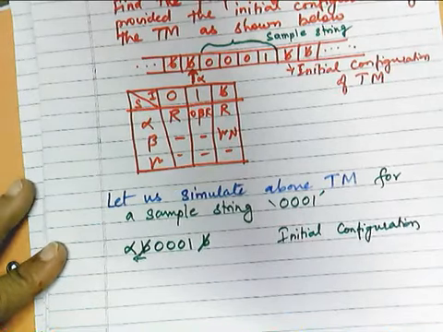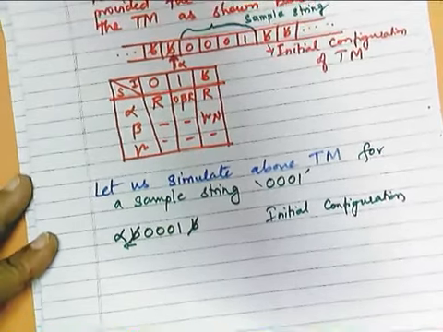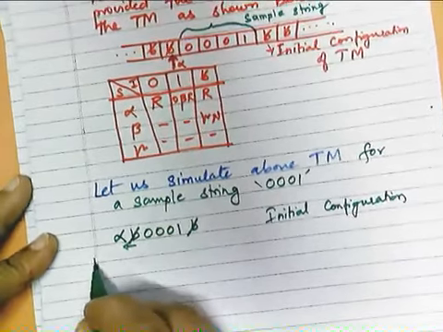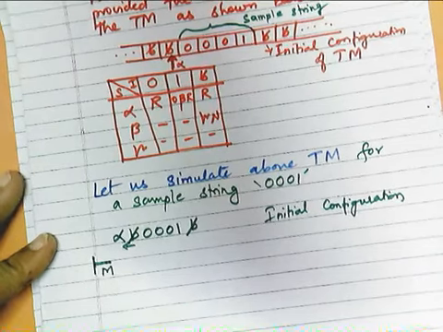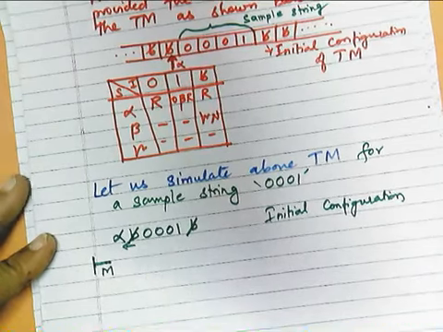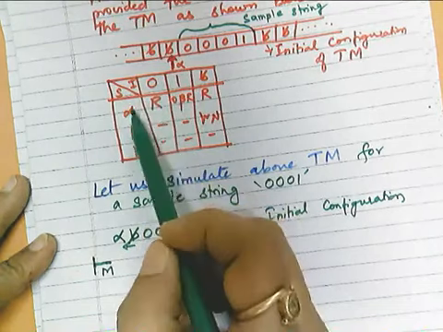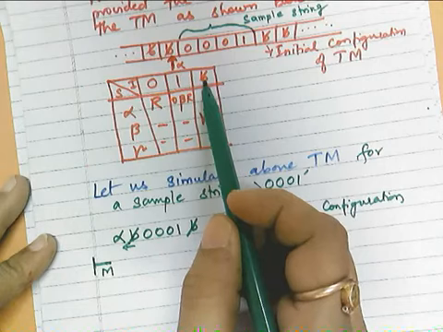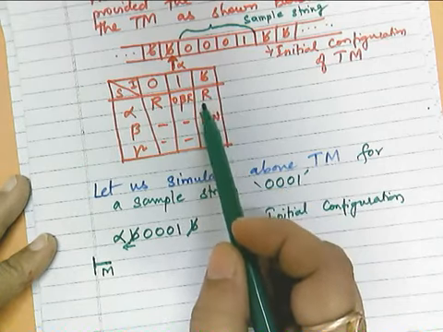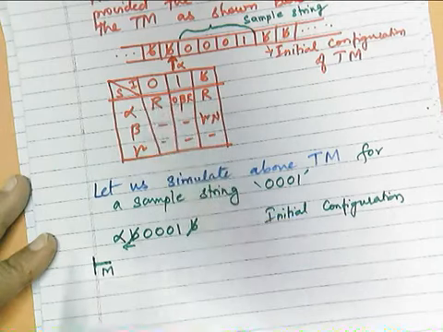Now we go for the next steps. When one move is allowed by the Turing machine on the above ID, we get the next ID. So how do we get the next ID? We check: if the current state is alpha and the current symbol read is blank, then it should move towards the right, keeping all other information as it is.